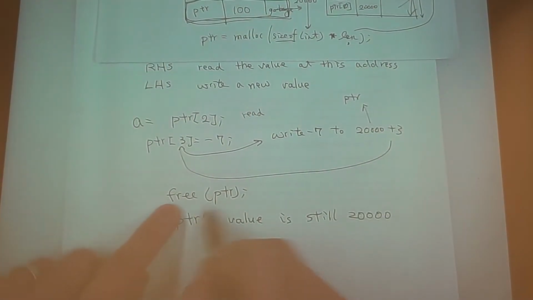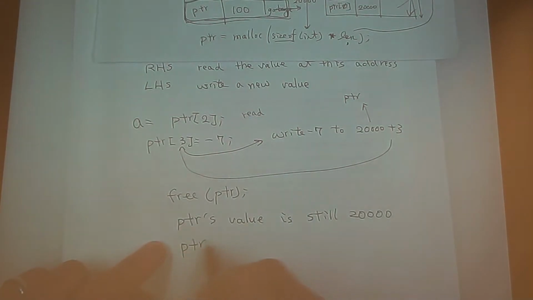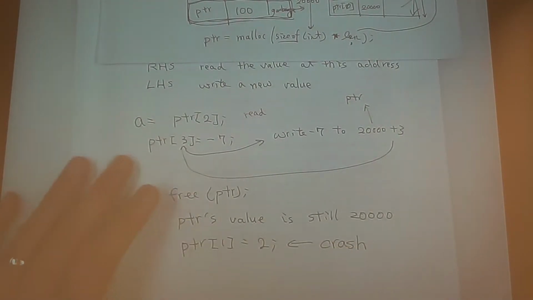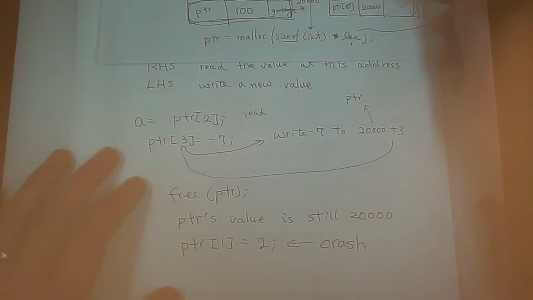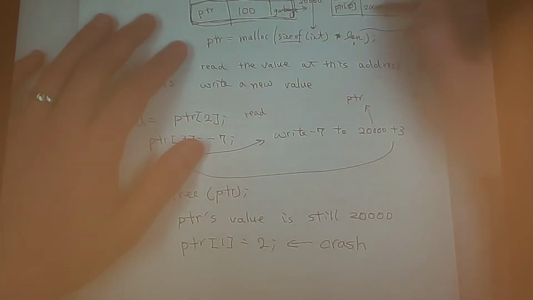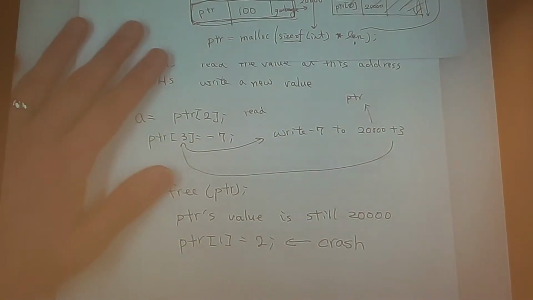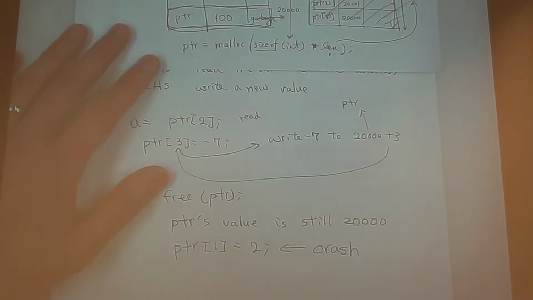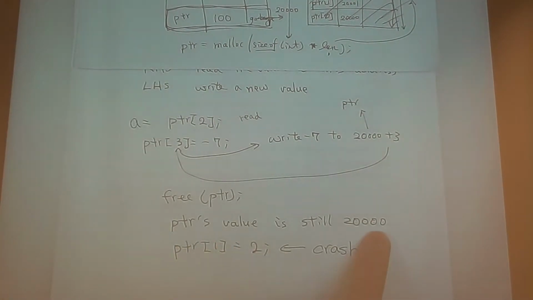So if you say free PTR and then say PTR 1 equal to 2, your program will crash. Because you try to modify a piece of memory, 20,001, that no longer belongs to you. But PTR will still have its value, just like in the beginning, 20,000, because PTR's value is still 20,000.